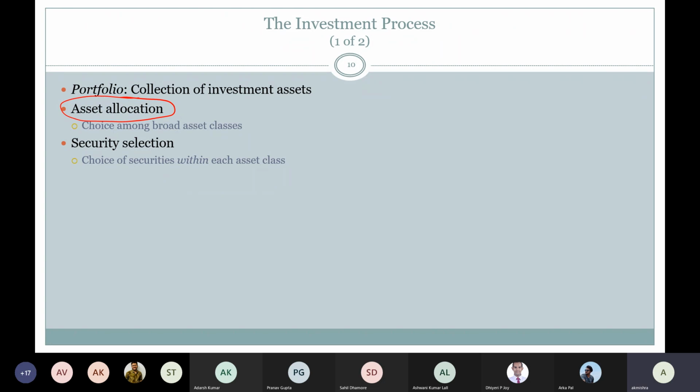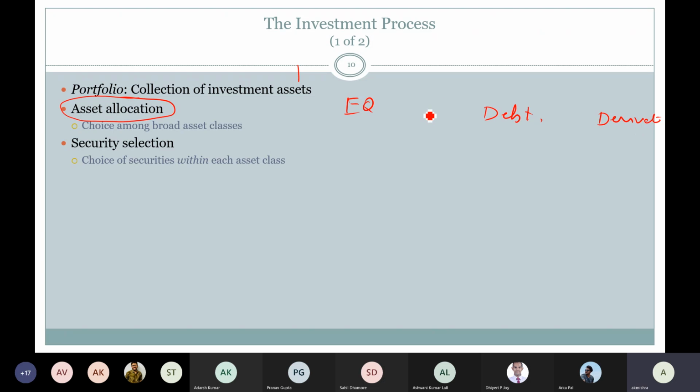Asset allocation means in a given financial market, we have a number of asset classes. For example, we have equity, one class. Second class, we have debt instruments. Third broad class is derivatives.